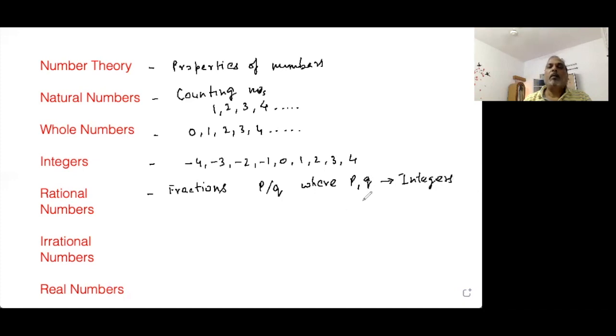And the most important point is that Q should not be 0. Otherwise, it will not yield any result.